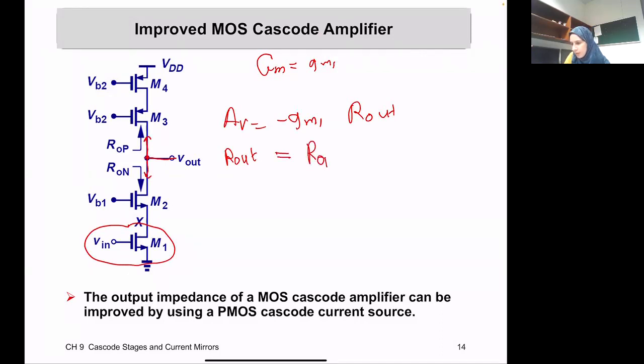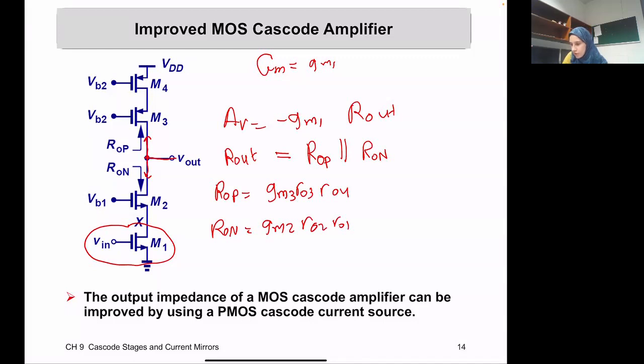So it will be R out P in parallel with R out N. R out P is a cascode of the PMOS devices, equivalent to Gm3 R out3 R out4, and R out N is the other cascode of the NMOS devices, Gm2 R out2 R out1.